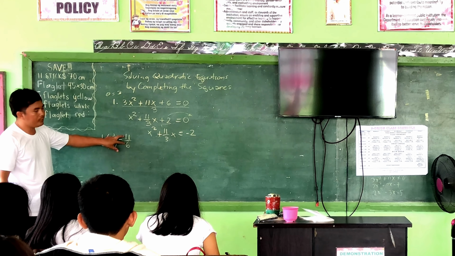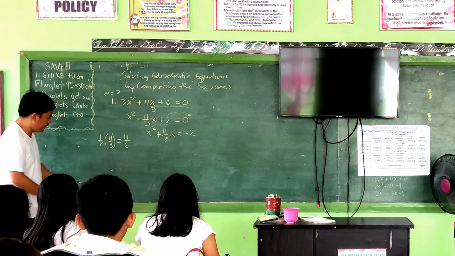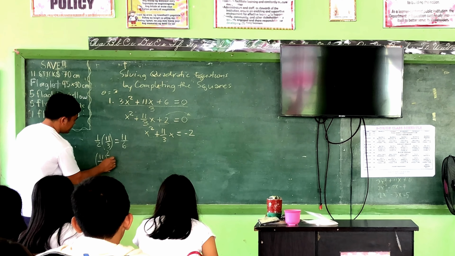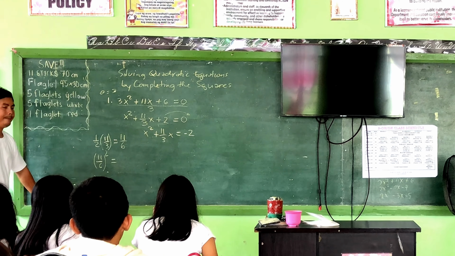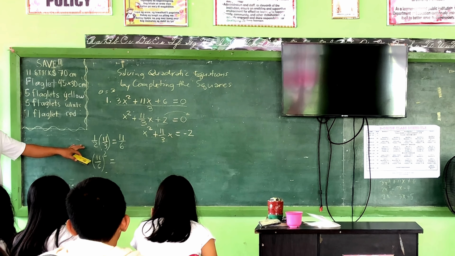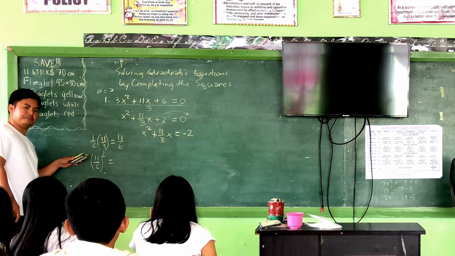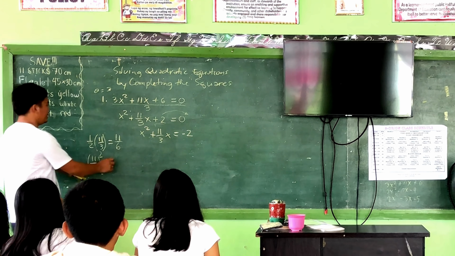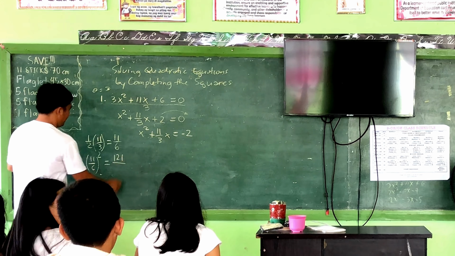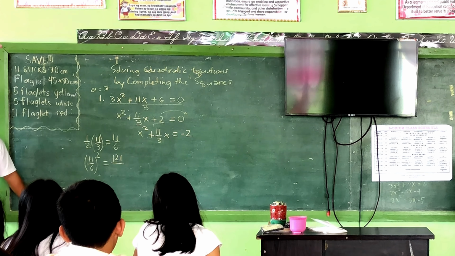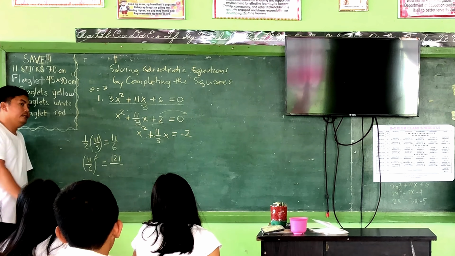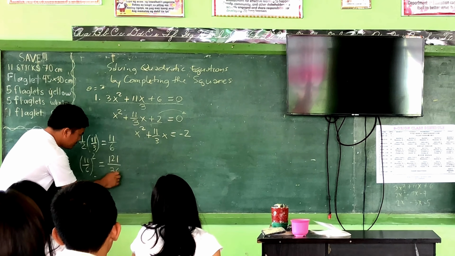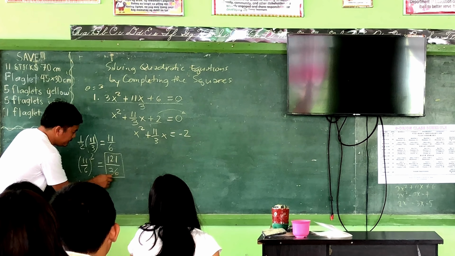This is squared. 11 over 6 squared is equal to 11 times 11, 11 squared, 121, over 6 squared, which is 36. So 121 over 36.